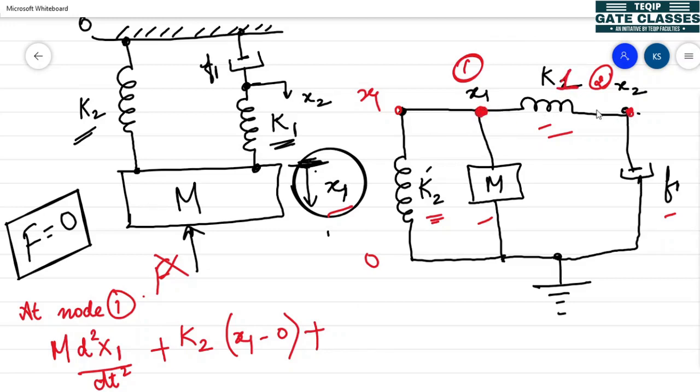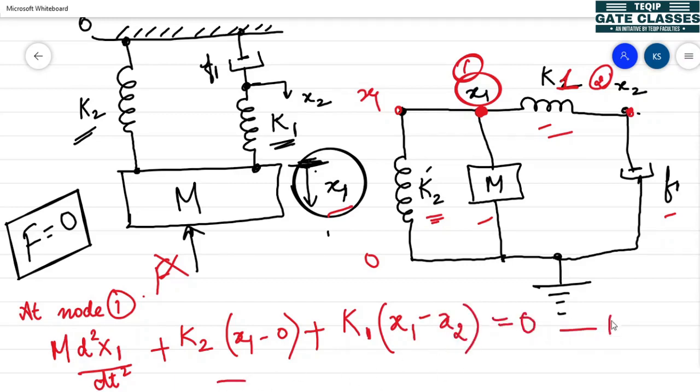So we have to take this into account also. Just take this as higher potential, as in the case of nodal analysis. So the force due to spring is K1 (x1 minus x2) and the net force is 0 here. So the first equation for the mathematical modeling of the system is M d2x1 by dt2 plus K2 x1 plus K1 (x1 minus x2) equals 0.